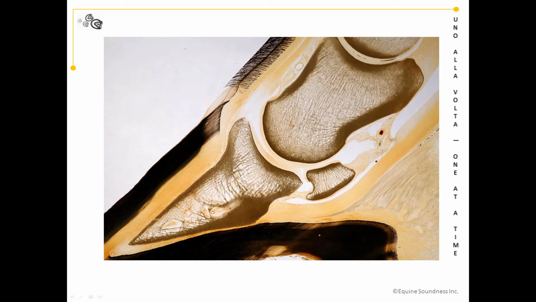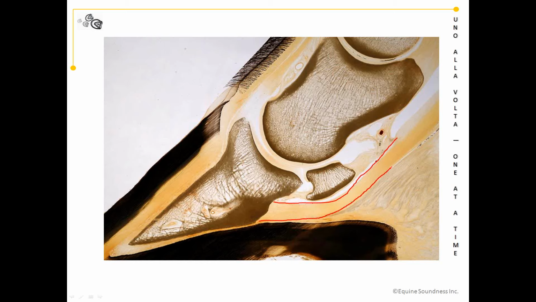And what's important to understand, and this is perfectly shown in this picture, this is why I'm already mentioning it here, the deep digital flexor tendon comes out of the coffin bone where it is attached on the underside totally straight, and then changes direction over the navicular bone.